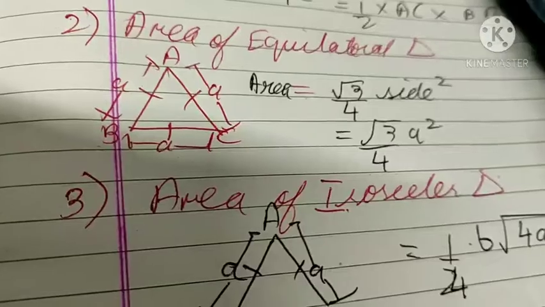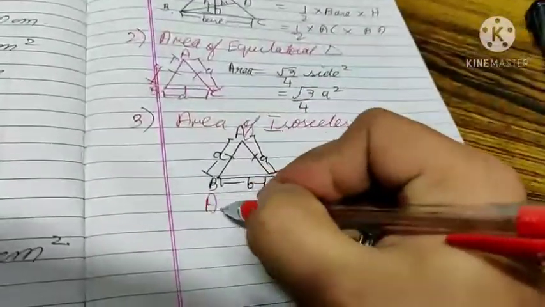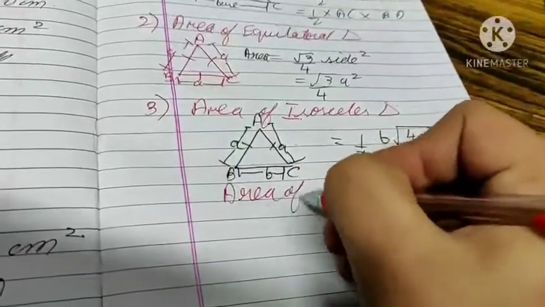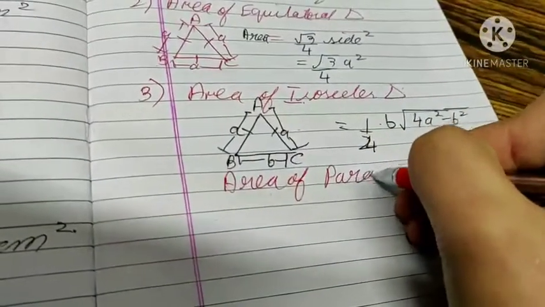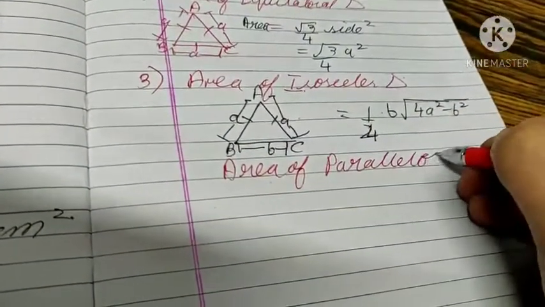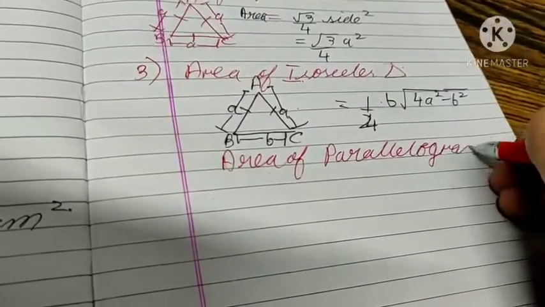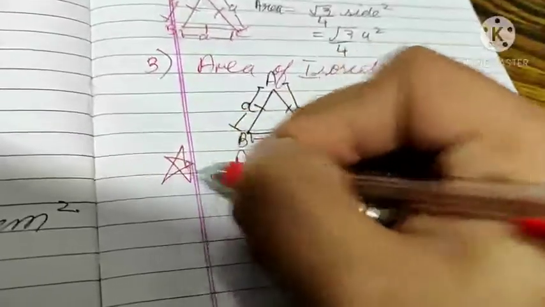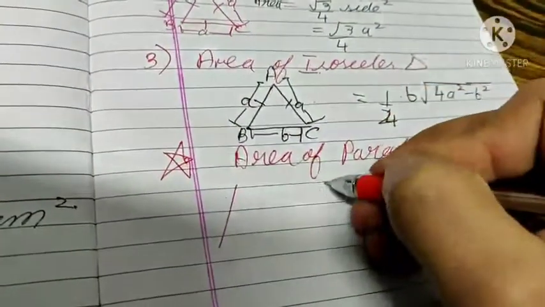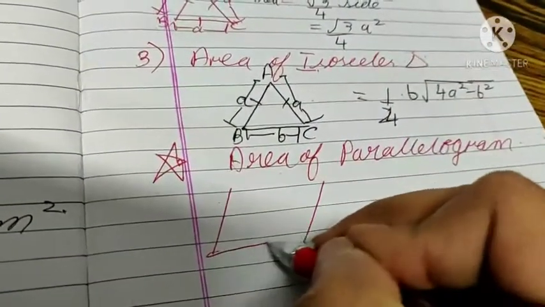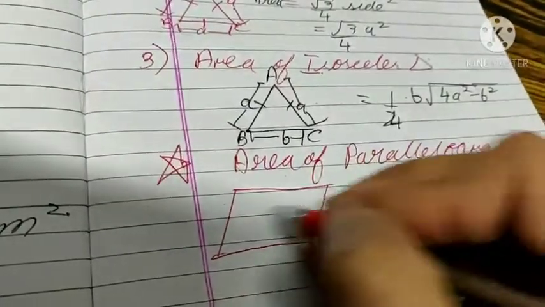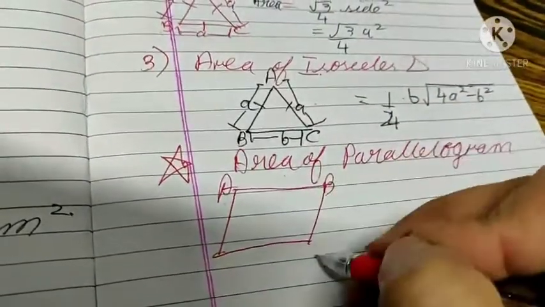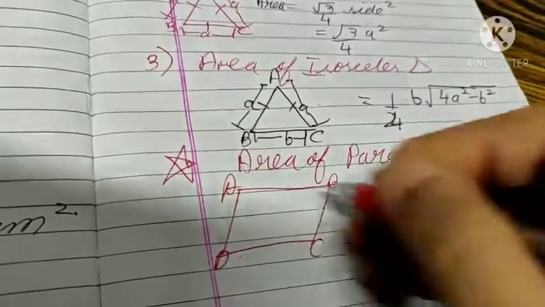So moving on to the next concept. Next concept is area of parallelogram. So area of parallelogram is, this is a parallelogram ABCD.